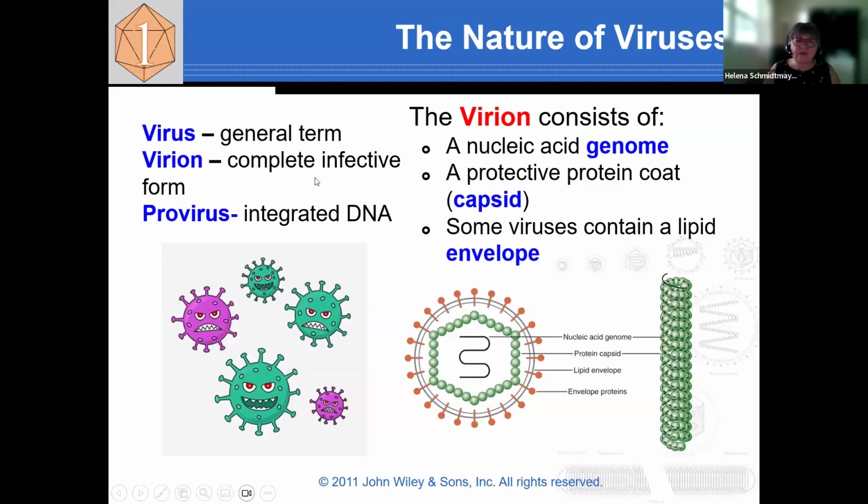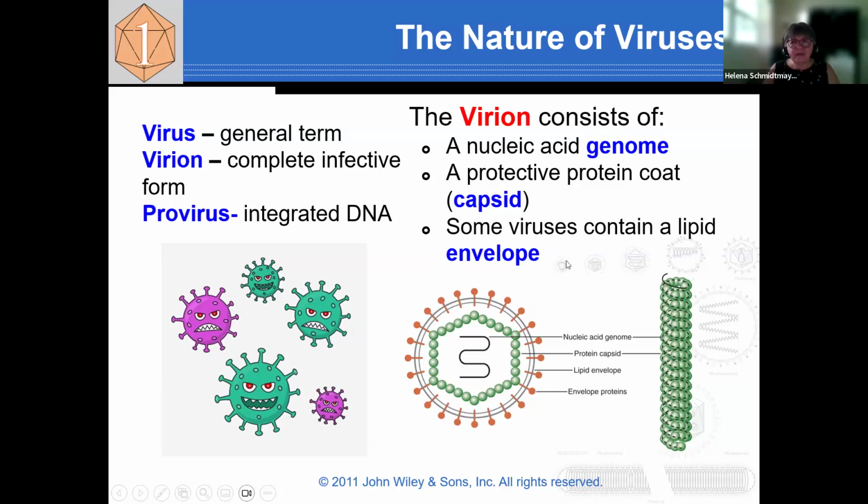Virion refers to the complete infective form of the virus, and provirus refers to integrated proviral DNA. So there are differences between virus, virion, and provirus. So let's see what is a virion. What makes a virion, that infectious particle?